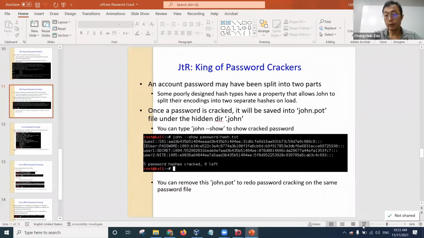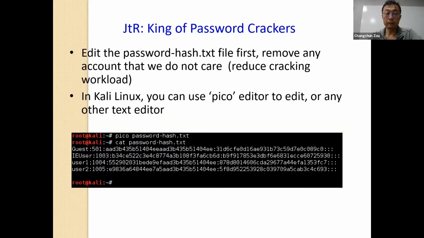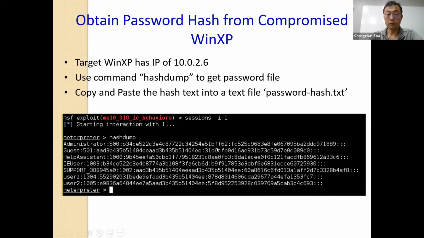So last time we demonstrated how you can do offline password cracking to a Windows machine. You basically first compromise the Windows machine, like Windows XP, using the Meterpreter shell.